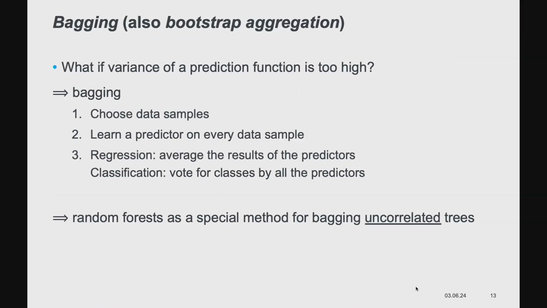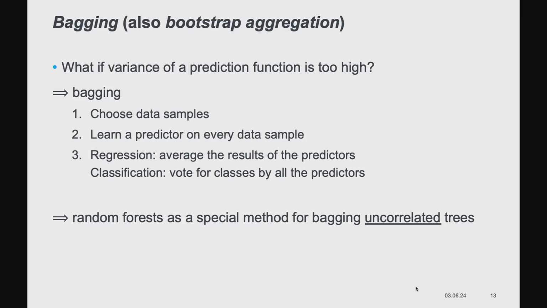Okay, so how to do it? I choose data samples from the data I have available. I don't take all the data. I want the data samples on which I build my trees not to be exactly the same.